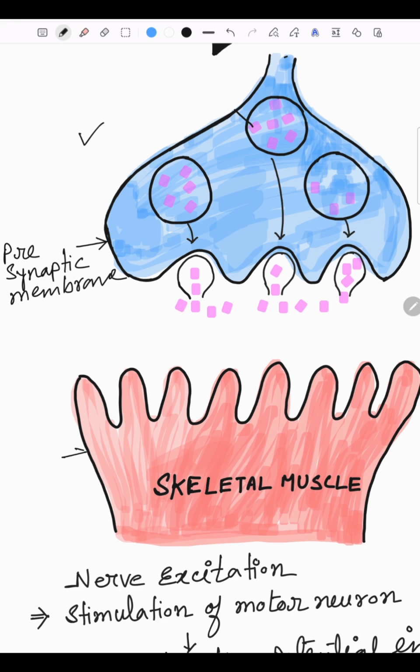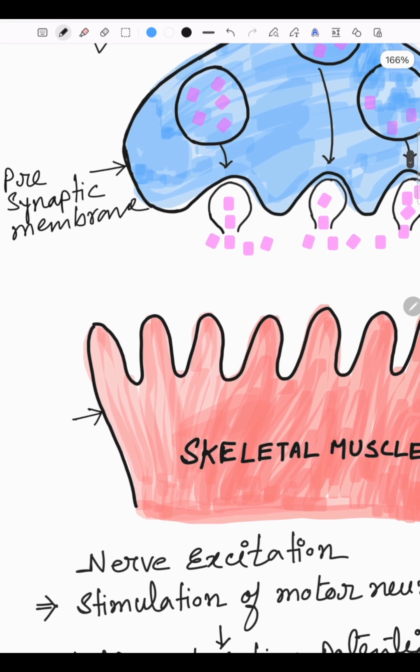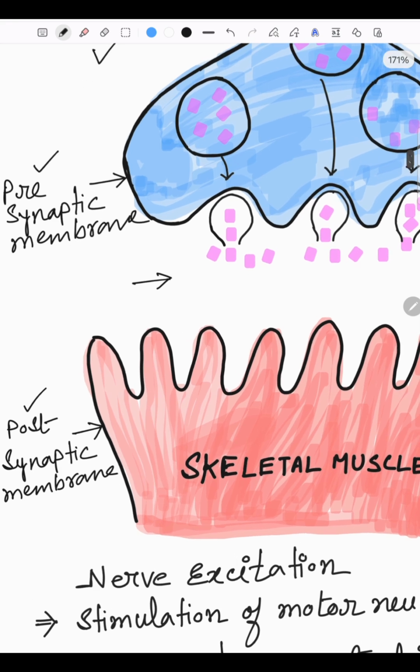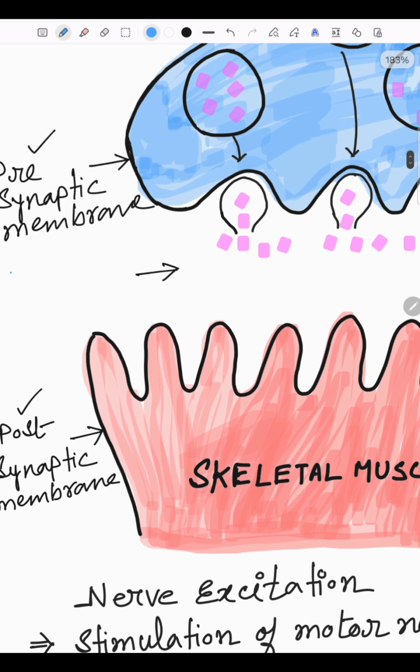And this is a membrane of a skeletal muscle which is known as the postsynaptic membrane. The space between the presynaptic membrane and the postsynaptic membrane is known as the synaptic cleft.